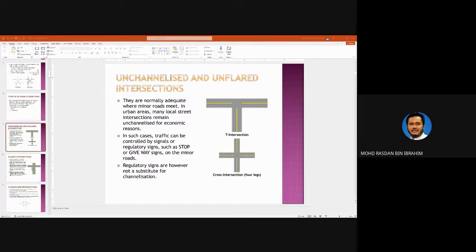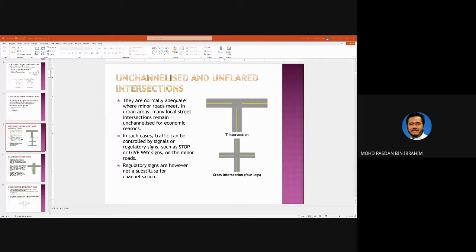So that in turn will cause a disrespect to the traffic light. Traffic light is a form of law that should be respected. But if the system is not good, people think that they are wasting their time waiting there for nothing, people will lose respect for the traffic light. So that is something that we do not want to embed in the minds of the public.